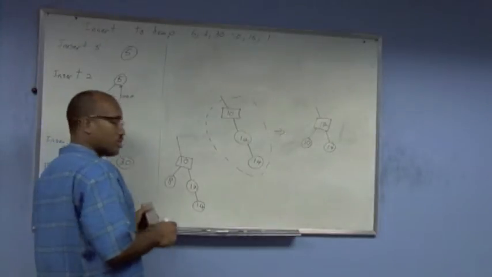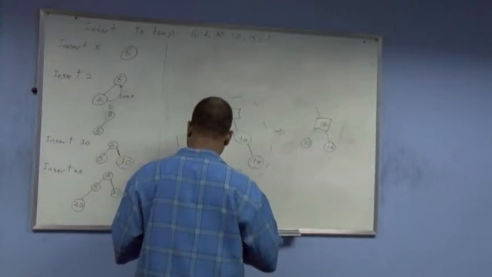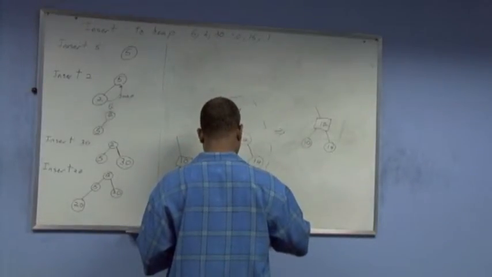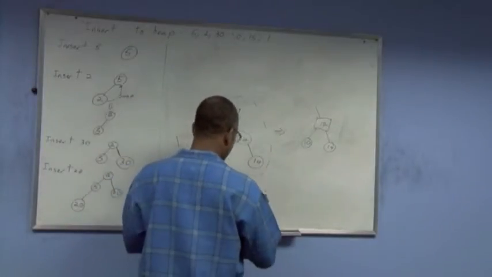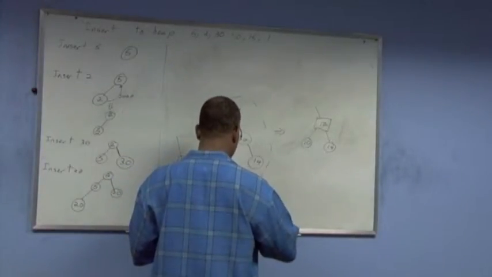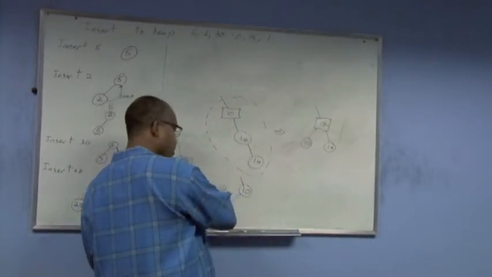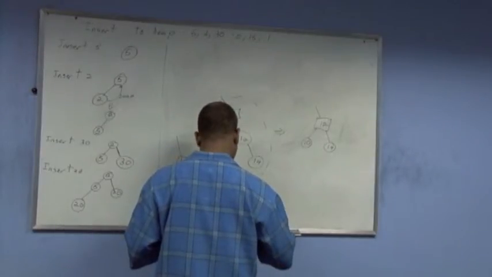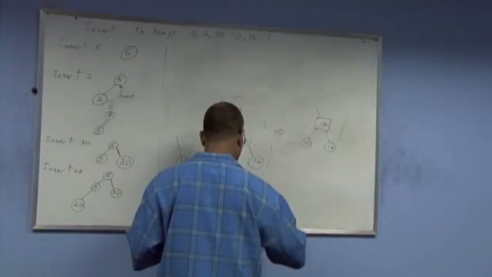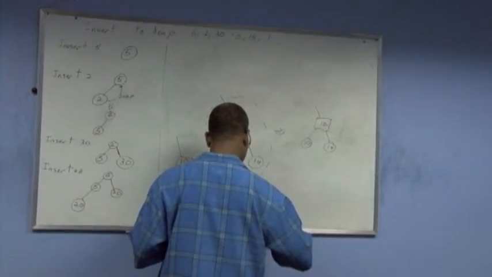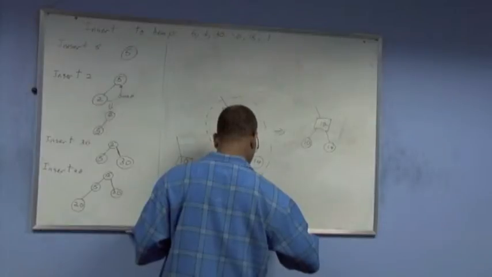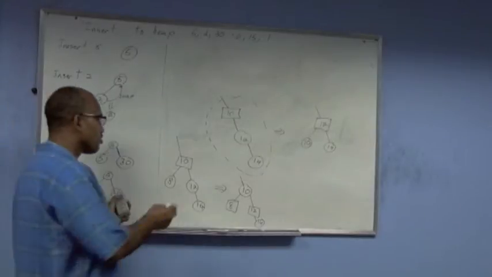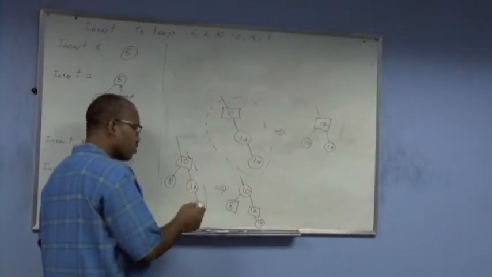Then you recolor that. So you end up with 10 at the root of the cluster. The root of the cluster becomes red from black, and the 2 children of the root become black. So that would be the new organization of the cluster. If this is the critical cluster with 4 nodes, recolor that.